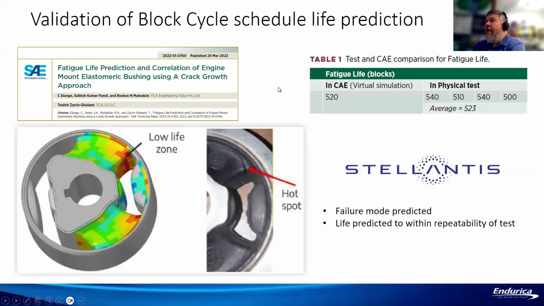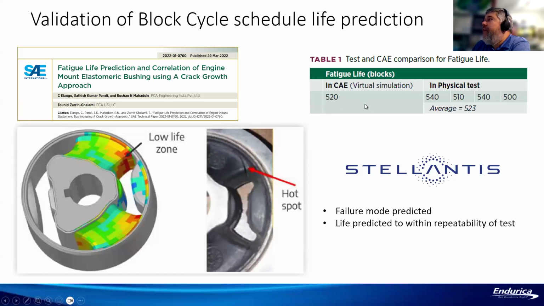There are so many case studies that people have done over the years. This is year 16 for Endurica. But this is one that came out of Stellantis, where they ran the models, ran the experiments, and made a careful comparison of prediction versus test.